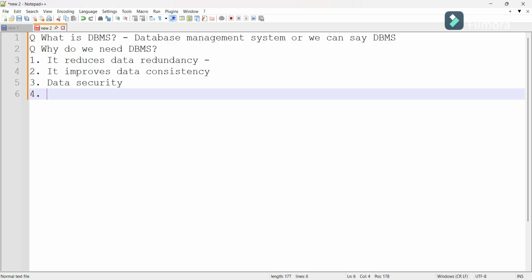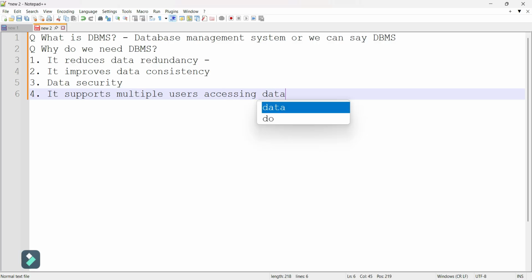And number four, it supports multiple users accessing data. It means multiple users can access the same data at the same time. And the last one is it also improves data sharing across applications.